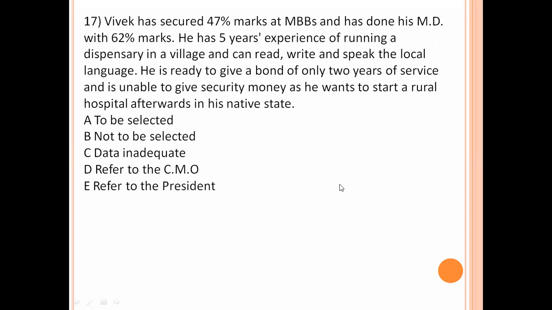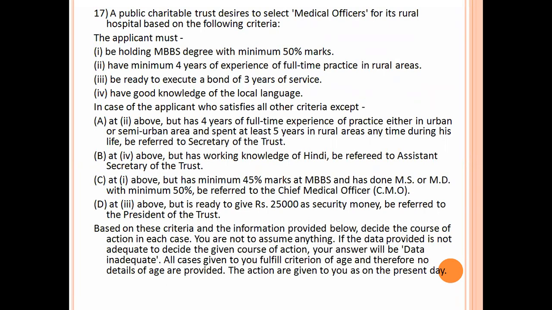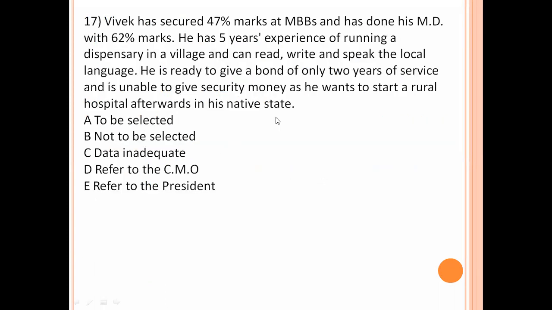He is ready to give a bond of only 2 years of service and is unable to give security money as he wants to start a rural hospital afterwards in his native state. Now here we see the conditions in the previous slide. MBBS with 50% marks: that is not there here. So the marks are not 50% in MBBS, so he is not to be selected. So option number B is the right answer.